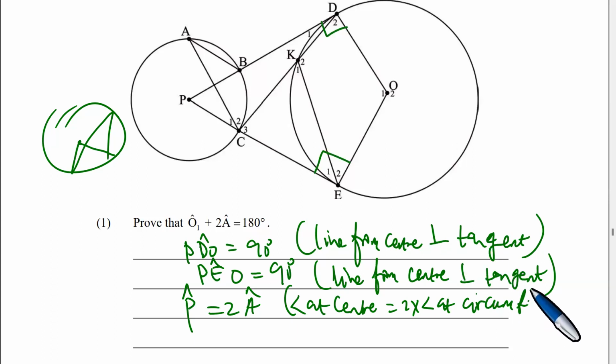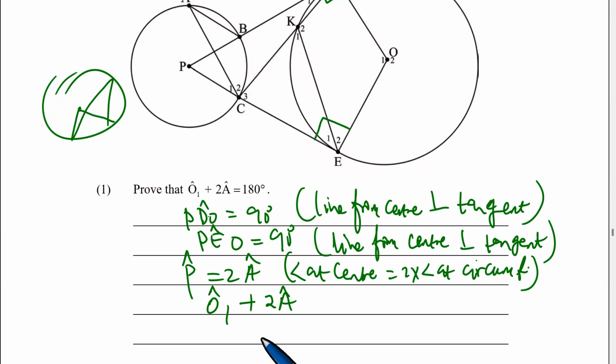Okay, and then now, if that is the case, what do we get? We can see that angle O1 plus 2 angle A. In other words, angle O1 plus angle P. Angle O1 plus angle P is 180 degrees.